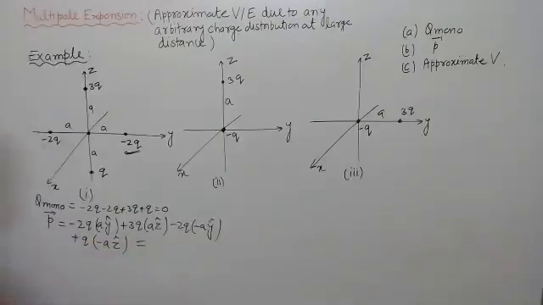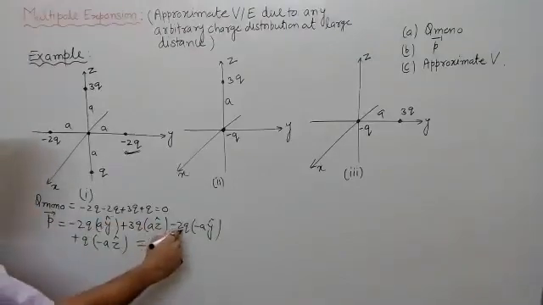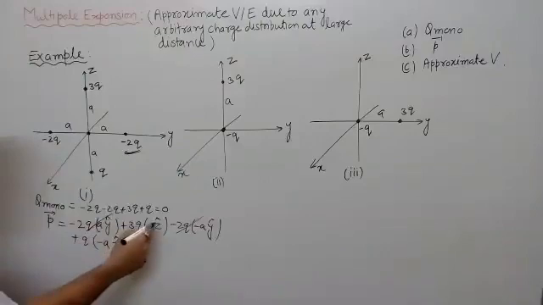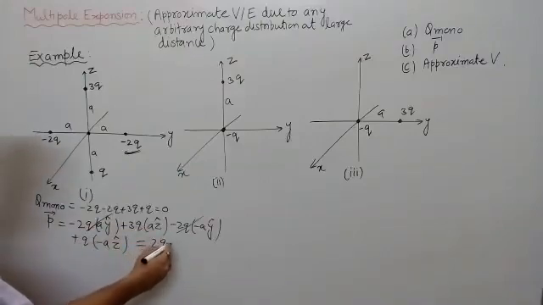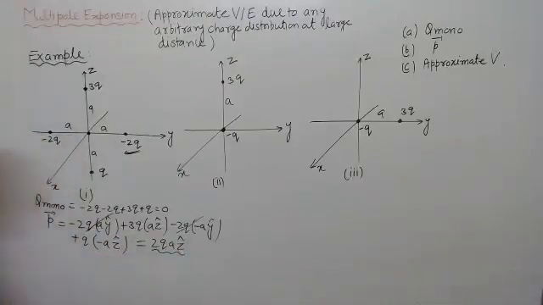So what will be this value? The y terms will cancel out: minus 2Q a y cap plus 2Q a y cap, and 3Qa minus Qa is 2Qa z cap. This is the dipole moment.